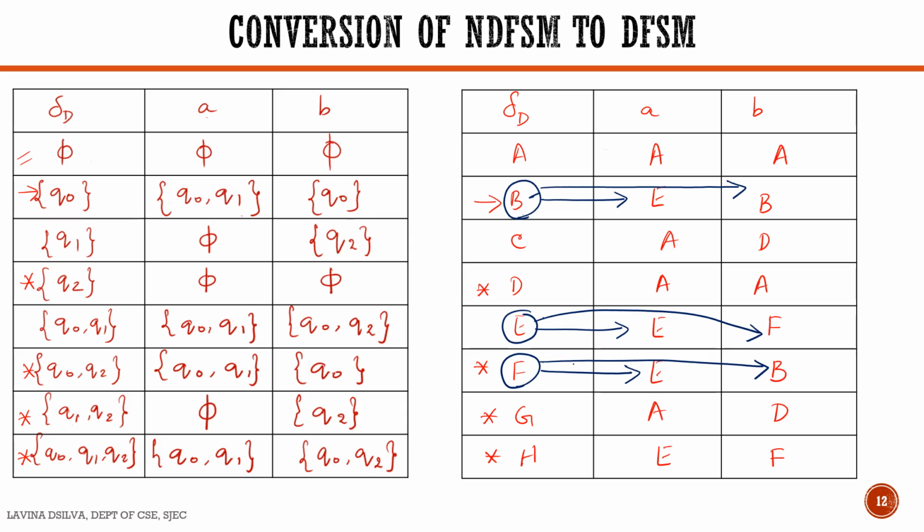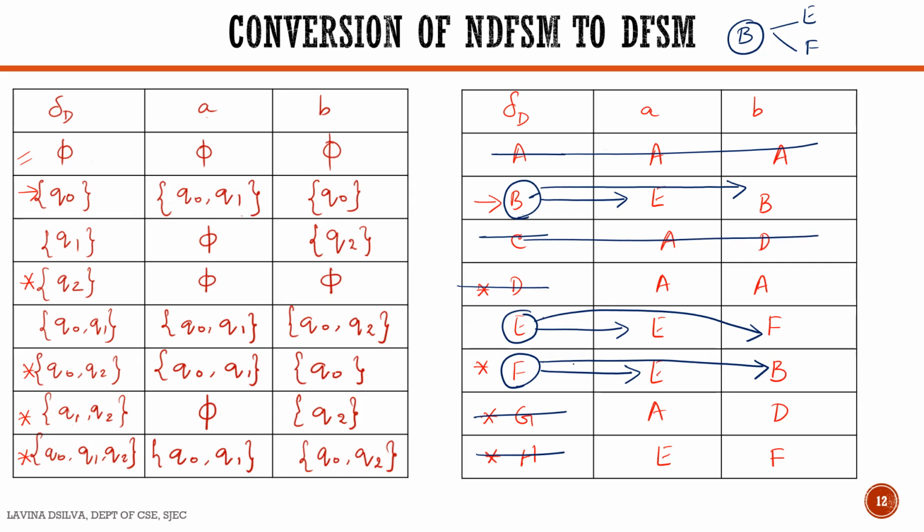These are the only three. Therefore, from the start state B, we can only reach states E and F according to this transition list. Therefore, we can eliminate all other states. We need not have them in our transition diagram, state diagram. We can maintain only three states, that is B, E and F.